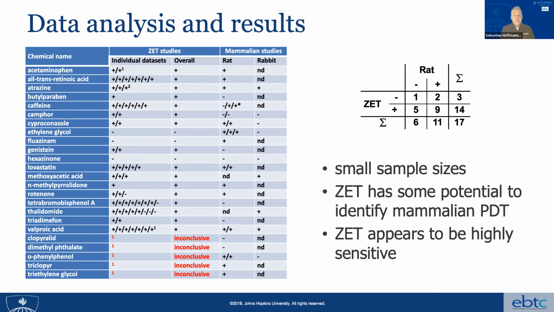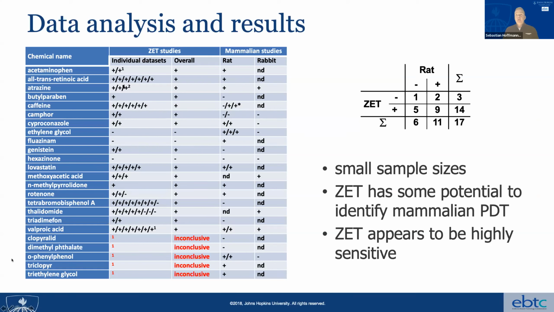Here's a slide summarizing our data analysis. On the left-hand side, you see the table with the 24 chemicals which were included and on which we had data. You see then the zebrafish studies, all of them rated as positive or negative. We had repeat studies, for example, for all-trans retinoic acid.